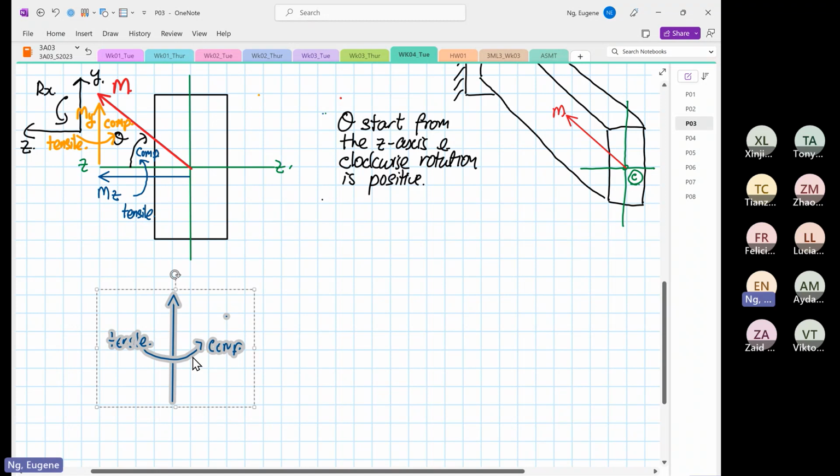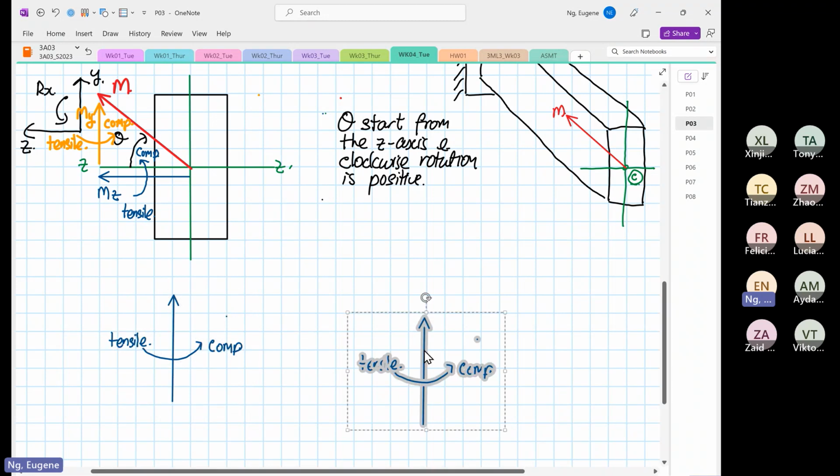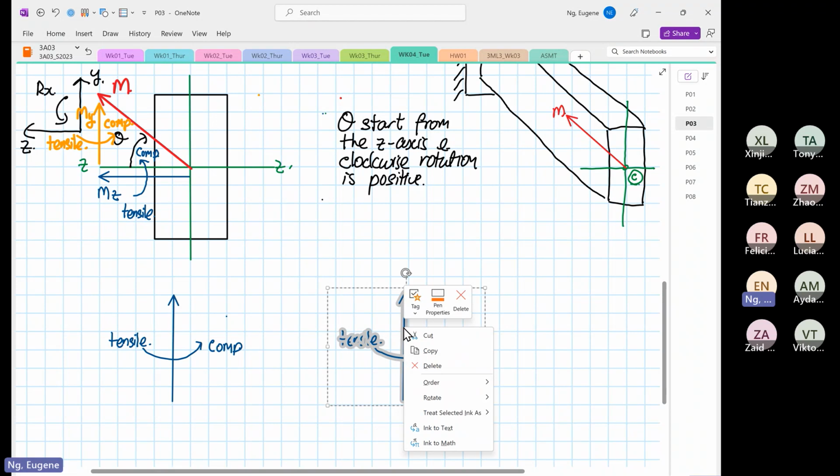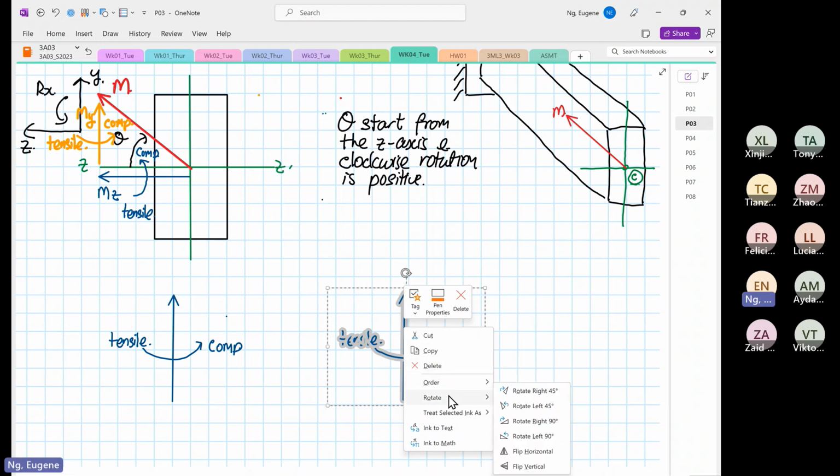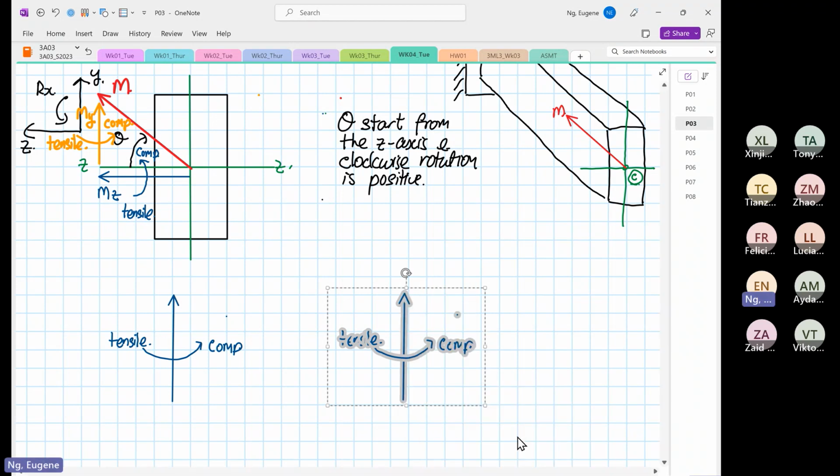Then what I tend to do is ask the student to rotate the page, which I'll show you. You just draw this, paste it, and then we rotate left by 90 degrees.